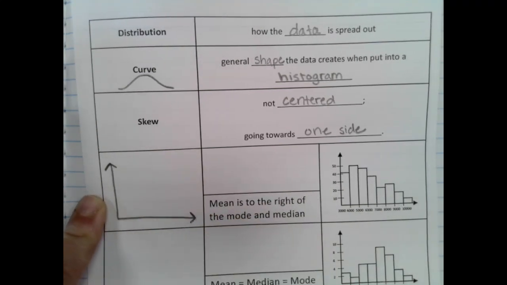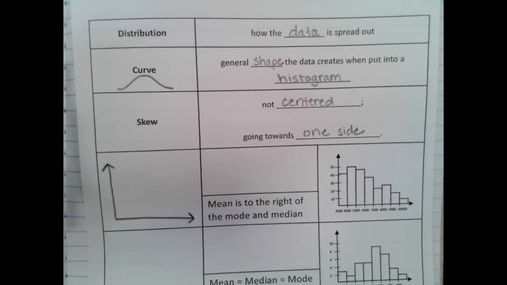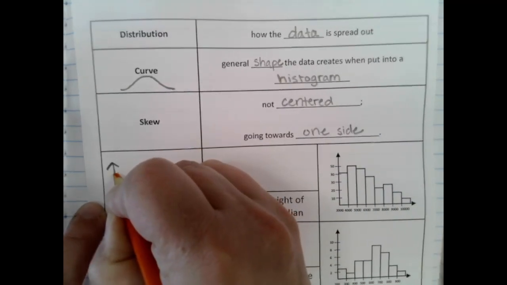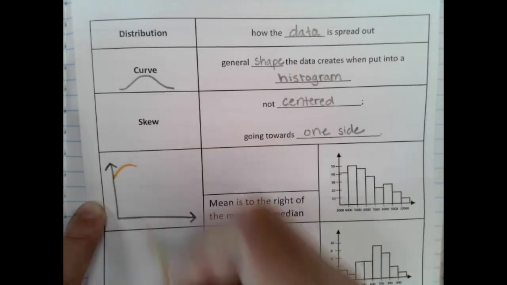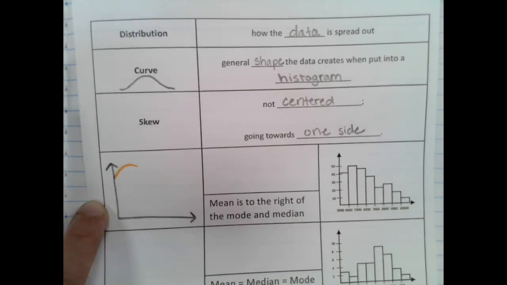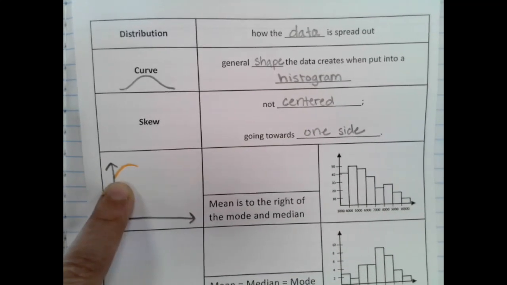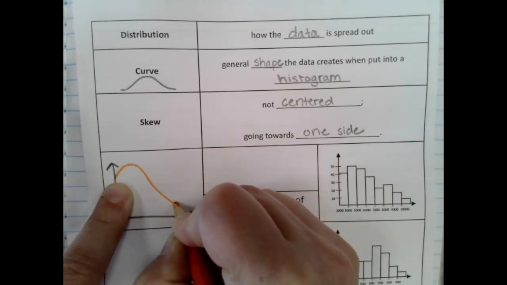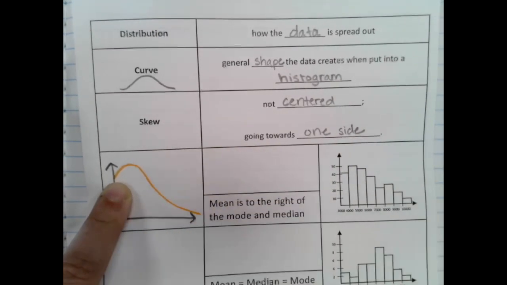Now this is where I'm going to use my first colored pencil by drawing my curve. So for this first curve, it's like the hill happens right away. It's going to be like a hill right here, goes up right away, right at the beginning, and then it goes down and kind of evens out at the end. So our hill is not centered in the graph.